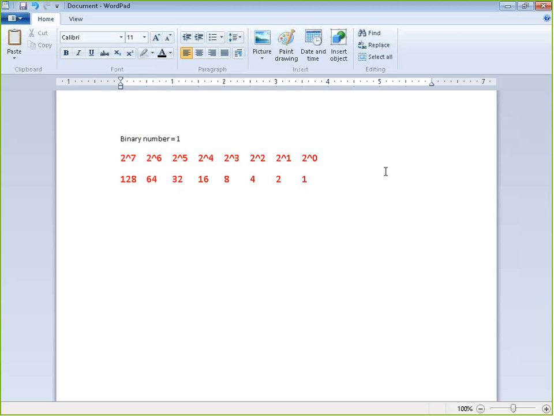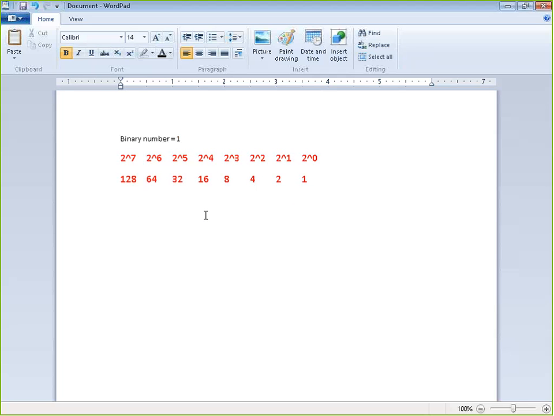Let's take the binary number 1. Here you find that it is just one single digit, and as I told you, the numbering starts from right to left. So if I want to put it into this table, it's going to be in this fashion.